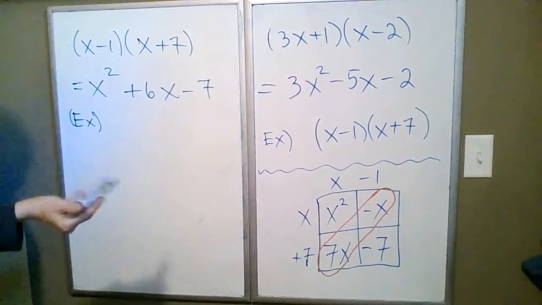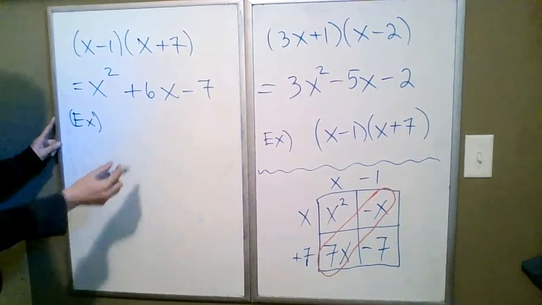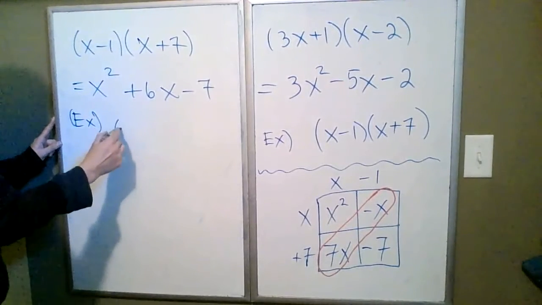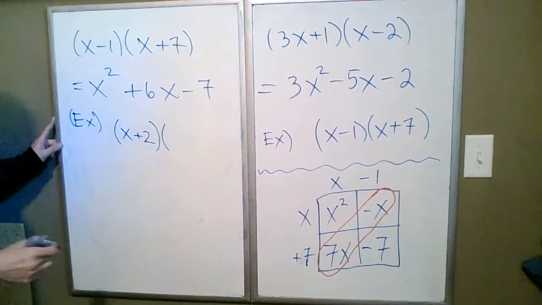Let's try something not too tough. Plus 2 times x squared plus x minus 3.